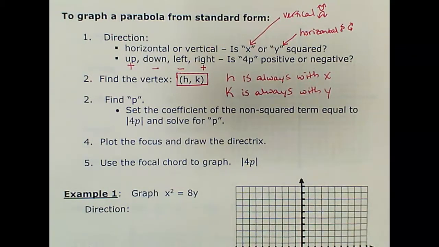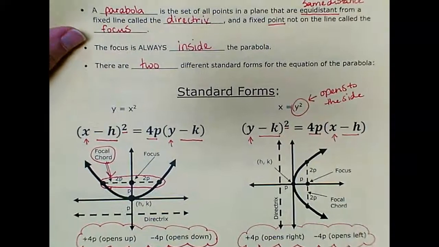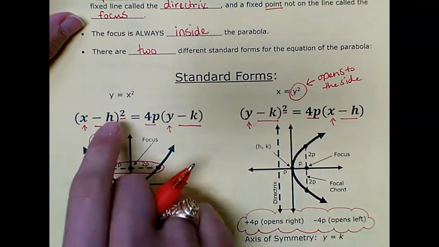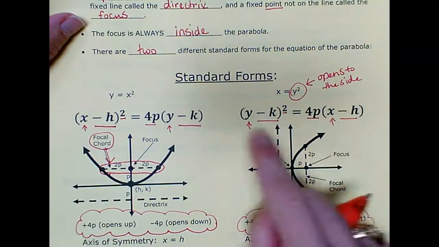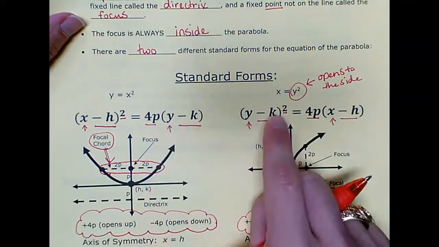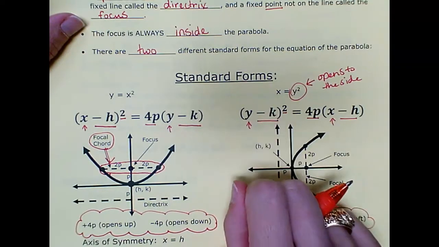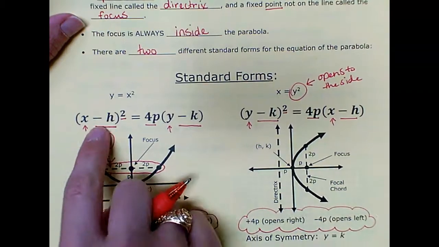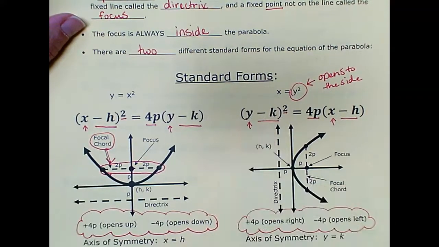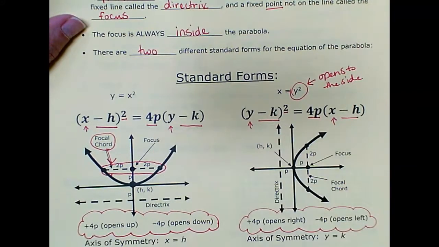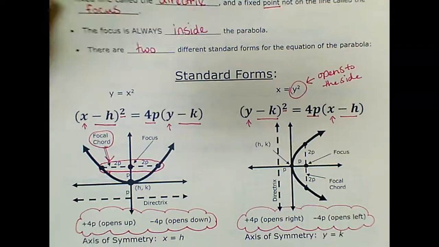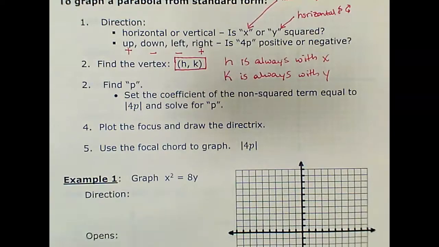I'm going to flip back to my first page. And look, h is paired with x, h is paired with x, y is paired with k, y is paired with k. So even though the x and y's are in different locations in each of these standard forms, x and h are always paired together, y and k are always paired together. So keep that in mind whenever you are trying to identify the vertex.